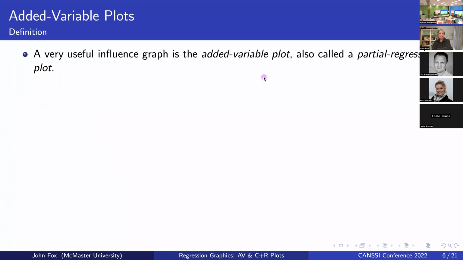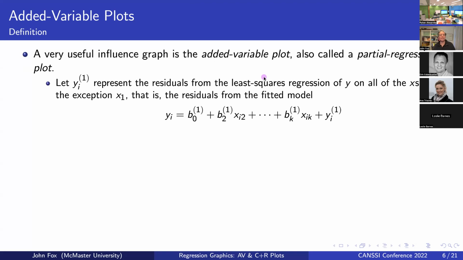An added variable plot, it's also called a partial regression plot, but I prefer the term added variable plot because it's easy to confuse partial regression plots with other kinds of regression graphs. An added variable plot is primarily useful for examining influence, and that is unusual data in regression analysis.